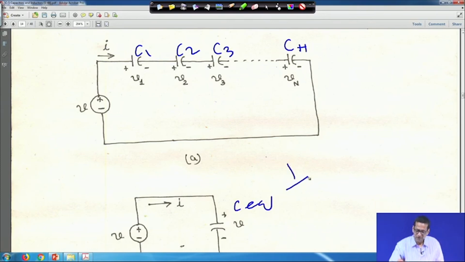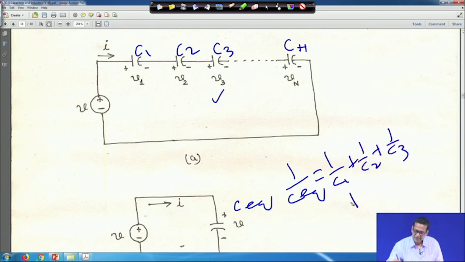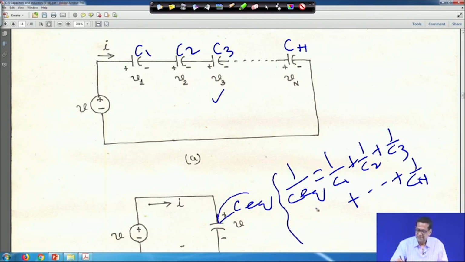Therefore, 1 upon Ceq, when capacitors are in series, is 1 upon C1 plus 1 upon C2 plus 1 upon C3 plus 1 upon Cn. It is the same calculation as for resistors in parallel. This capacitor is your Ceq, and 1 upon Ceq is equal to this.